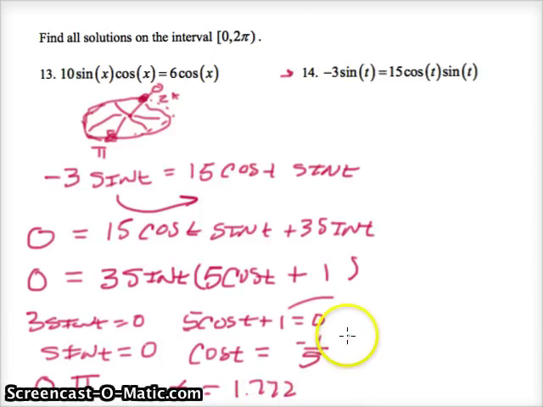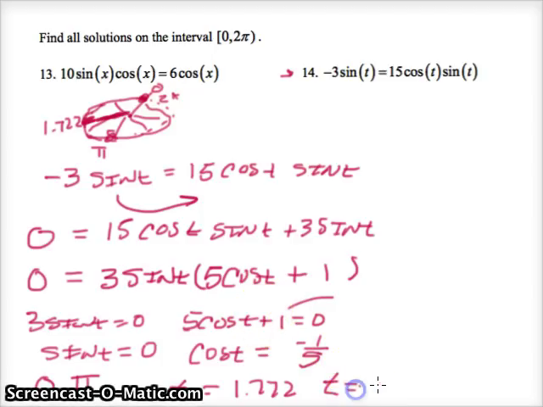1.772. Okay. Now keep in mind that pi is 3.14, so that angle value is like right over here somewhere. Okay. And 1.772, and if I subtract that from pi, my reference angle is 1.369, so I've got to add that to pi.